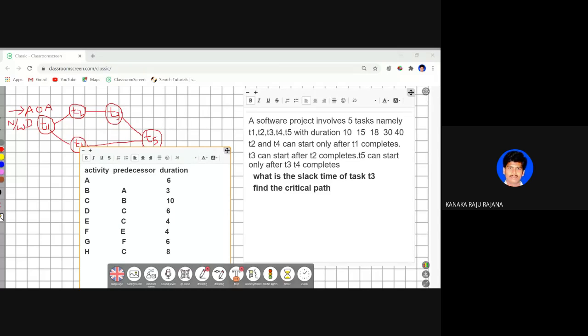If I use minus duration, it is called backward pass. Is this clear? Duration is common for both passes. The only thing is which pass technique you implement in your project, forward or backward, depending on the respective answer.